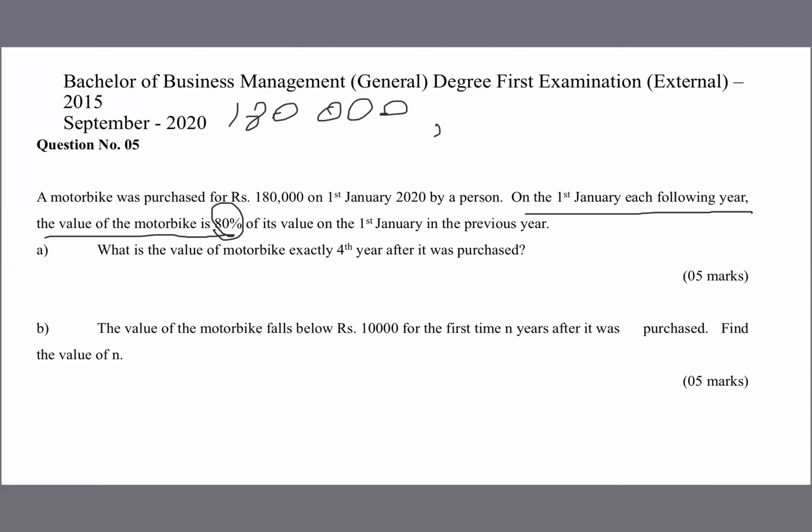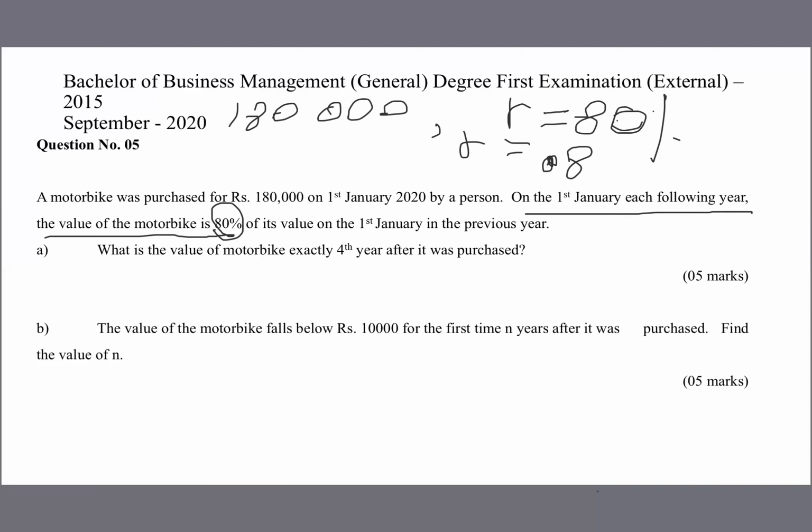Then it's 20% reduction. That means your R is equal to 80%, right? R equals 0.8. 80% means R is 0.8.